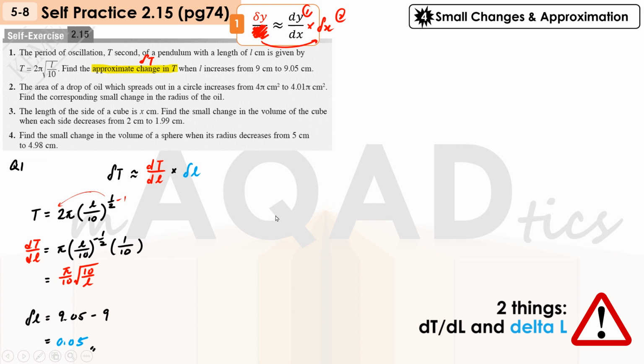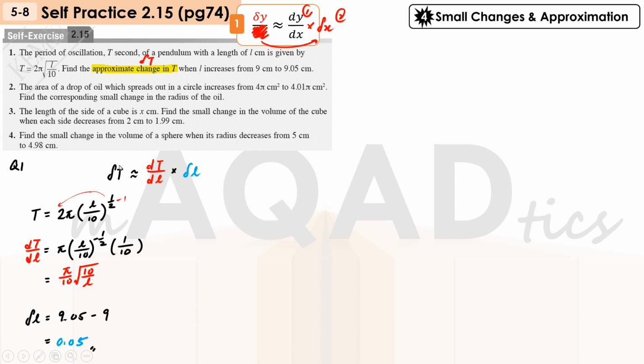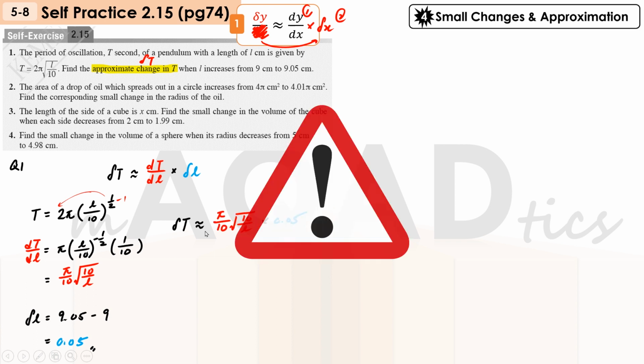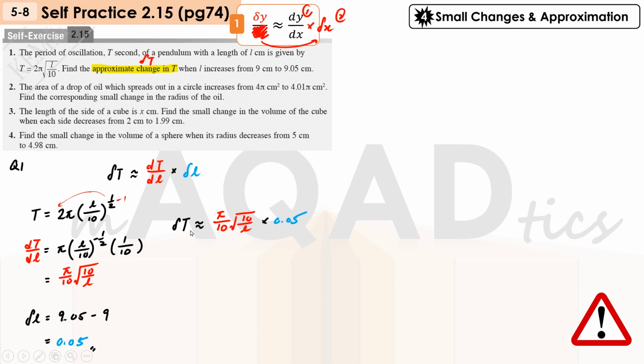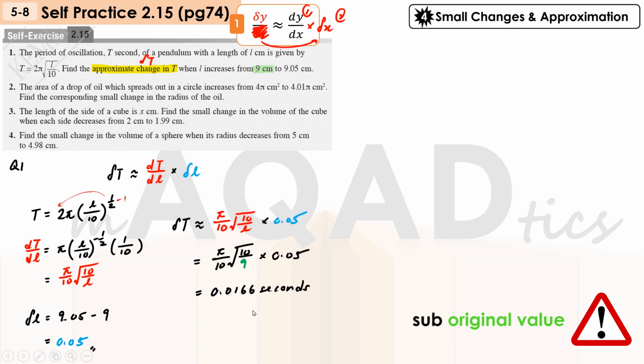Now we can multiply these 2 values to find delta T. But the answer should be a value, and here we have L, which is an unknown. So how do we solve this? We can use the original value of L, which is 9 cm. Once we substitute here, we get the answer, 0.0166 seconds.